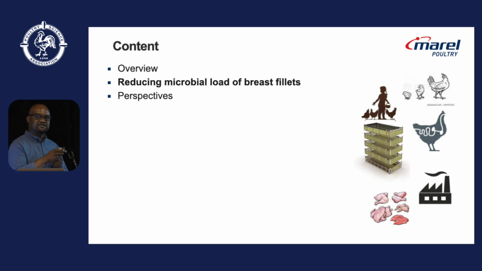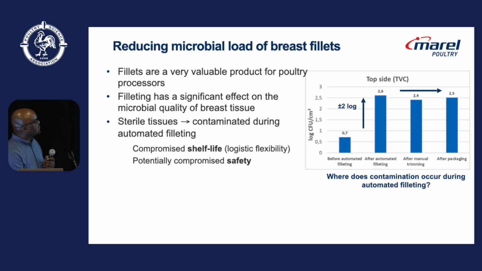That's just an example of the experimental work we've been doing ourselves, in this case, to reduce the microbial load that occurs on breast fillets. These fillets are very important products economically for poultry processors. And what we notice is that the filleting process has a significant effect on the microbiological status of the breast tissue.